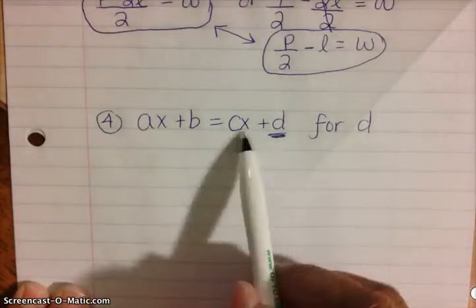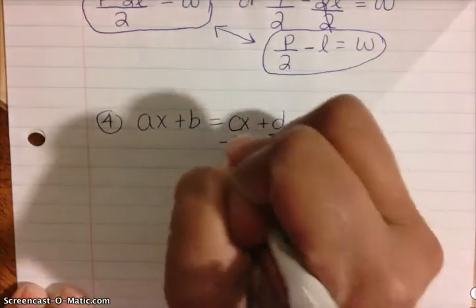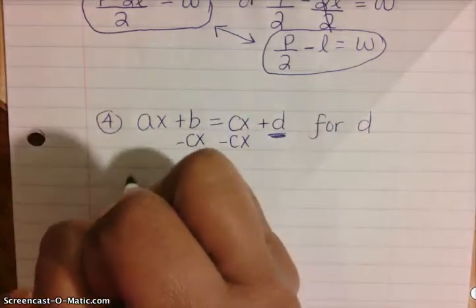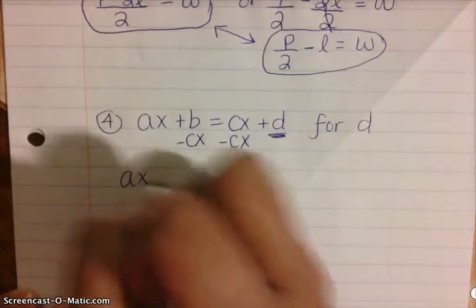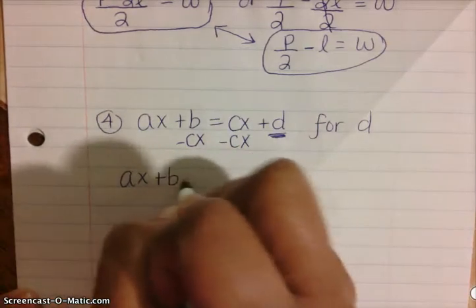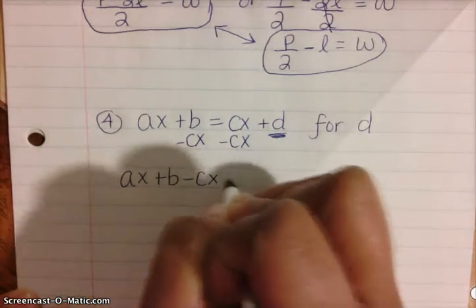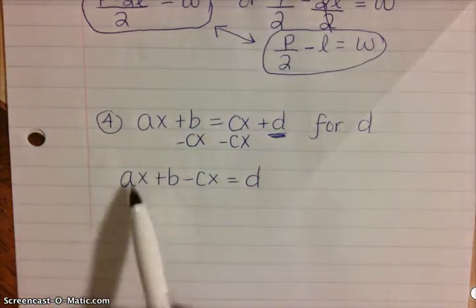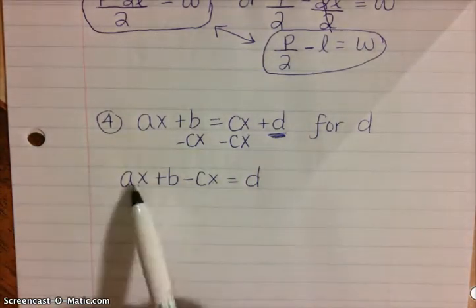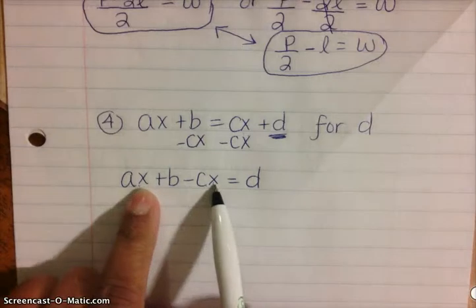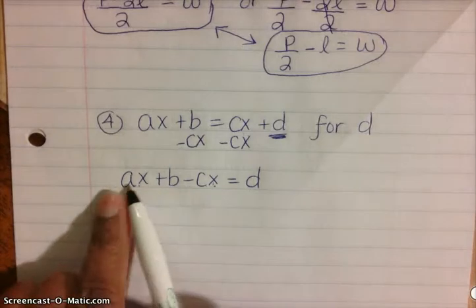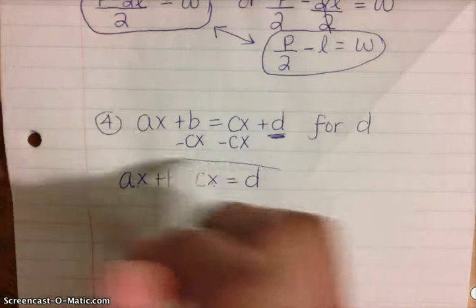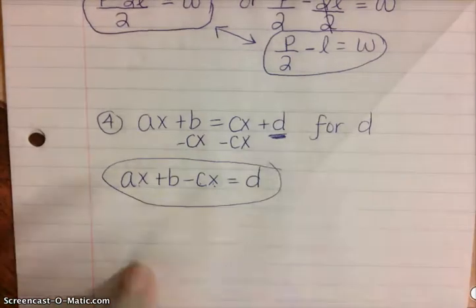This is addition, so we need to subtract CX from both sides. So I'm going to have AX plus B minus CX equals D. Now, you may consider these to be like terms because they have one variable that's the same, but we can't combine the coefficients. Your D is isolated, so this will be your simplified answer.